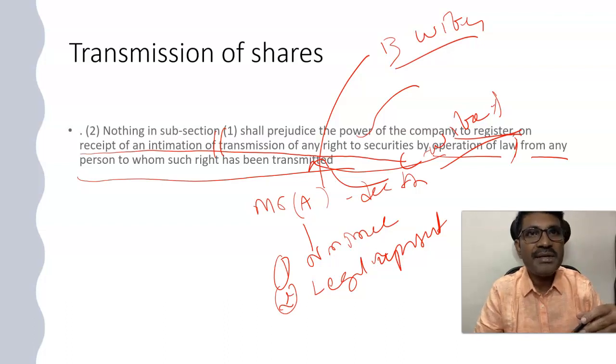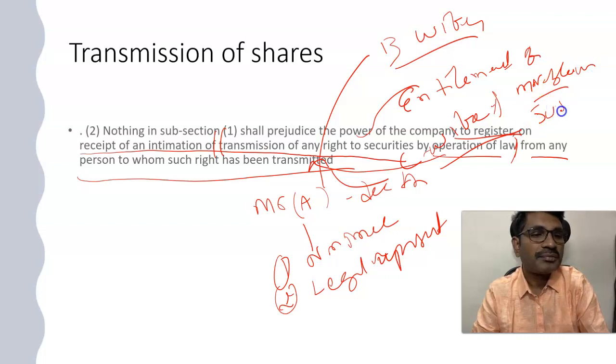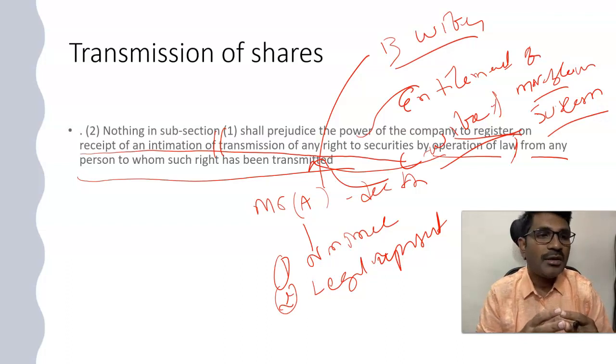But if there is a question about the marriage itself, then who becomes the legal representative? And if there are children and other relatives, the dispute arises over entitlement to movable property and succession. On the death of the person, what is the entitlement to movable property rights, and who has the succession?